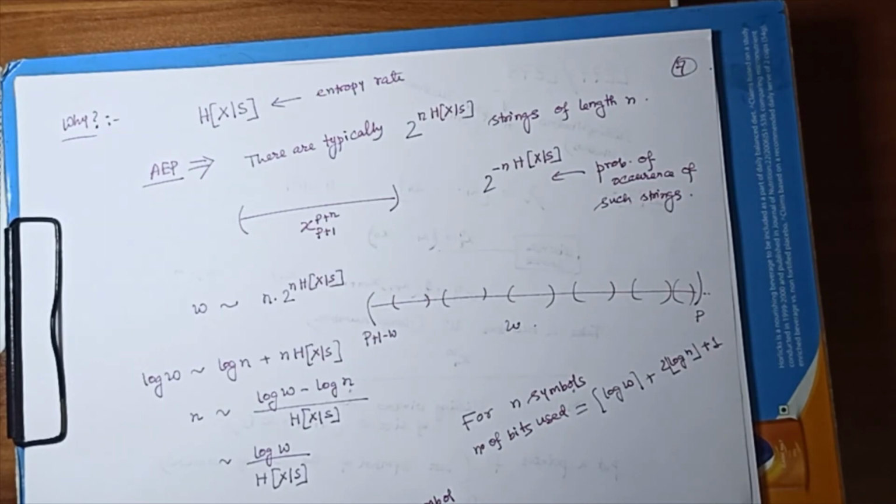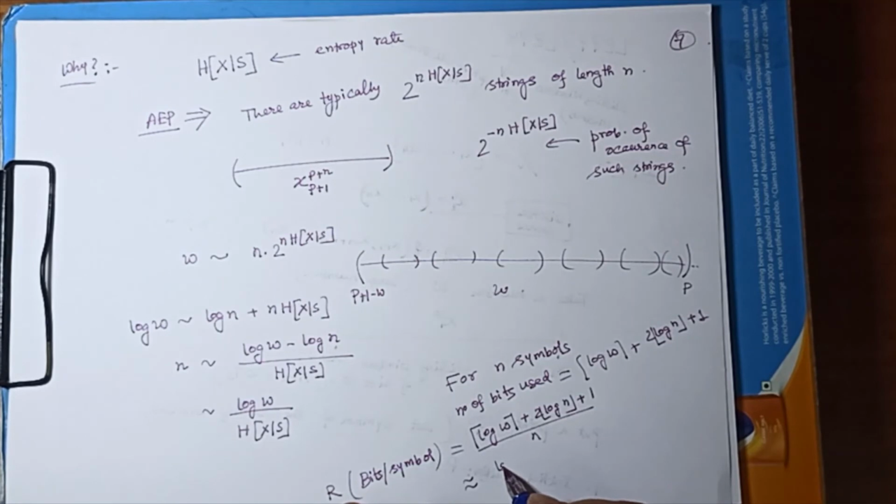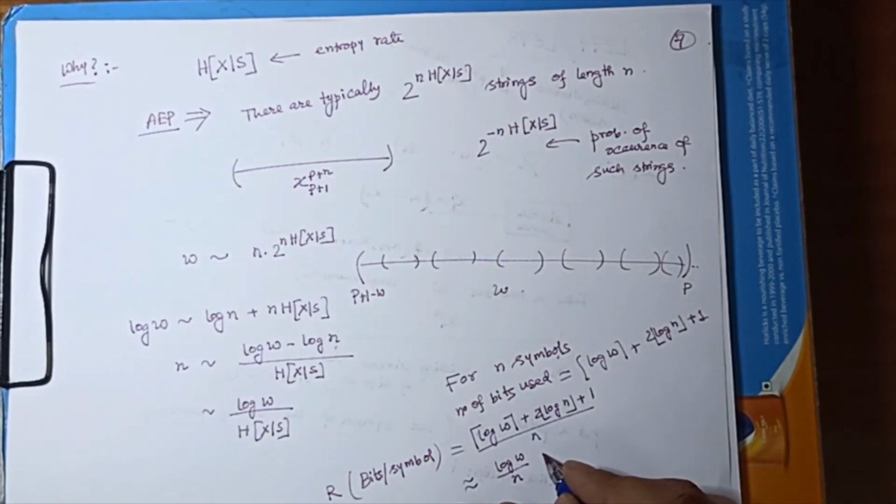I can write R in bits per symbol as this divided by n: log w plus 2 log n plus 1, divided by n. As n is large, log n by n is close to 0, and 1 by n is also 0. So it will be approximately log w by n. And you can take w to be 2 to the power some number. So what is log w by n? You see, log w by n is approximately H(X given S).